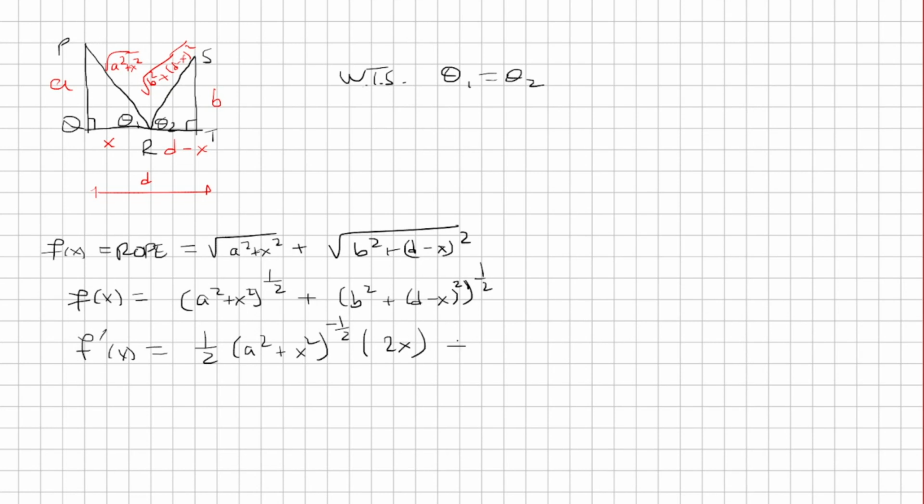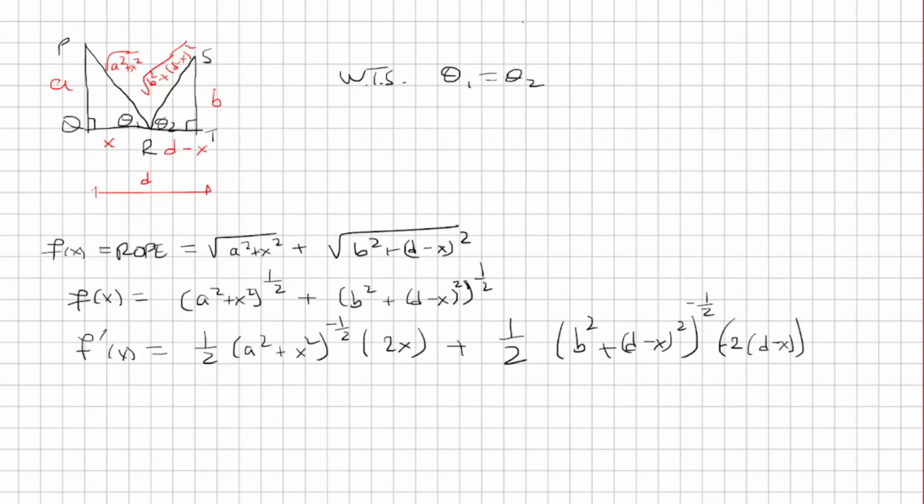Now the chain rule for the second term is a bit tricky because we have to use another chain rule. So we're bringing down the exponent, keeping the inside the same, subtracting 1 in the exponent. And now taking the derivative of the inside is where we have to use another chain rule. The derivative of b squared is 0, and then for (d minus x) squared, we bring down the exponent, subtract 1, and then we take the derivative of the inside, which is a negative 1.